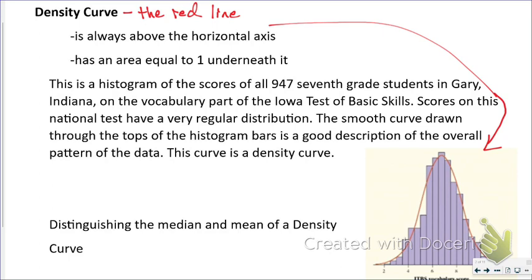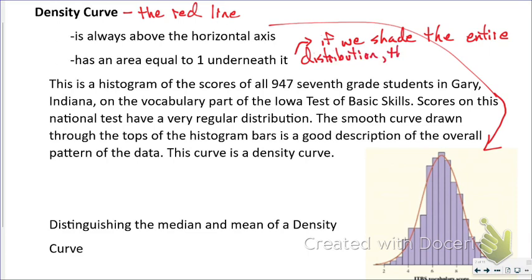So let me write this little if here. If we shade the entire distribution, the entire graph, then we have shaded 100% of the density curve.